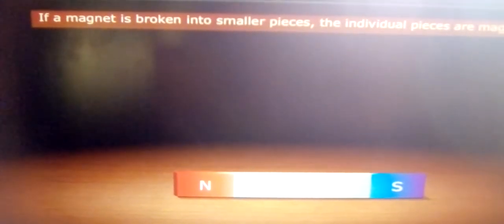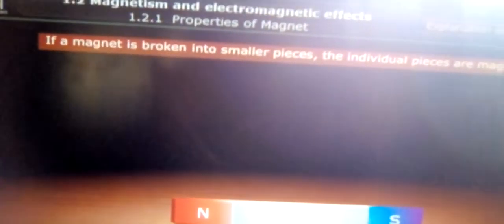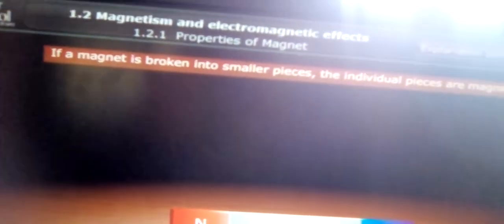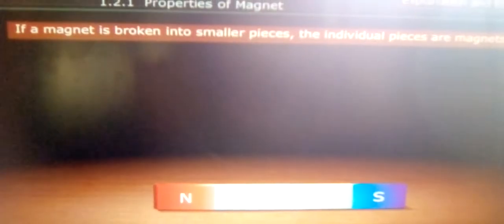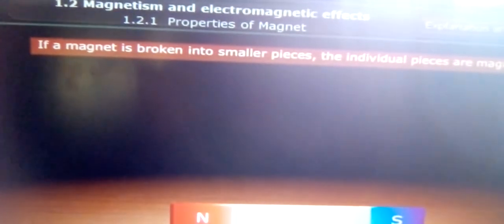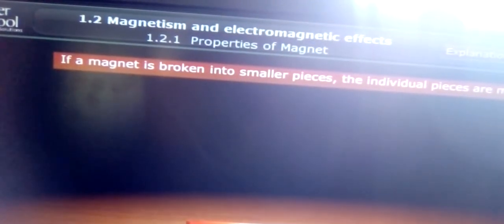Another property is that if a magnet is broken into smaller pieces, the individual pieces also become magnets. This is according to the domain theory of magnetism: if we break this magnet into smaller pieces, those smaller pieces are also magnets.